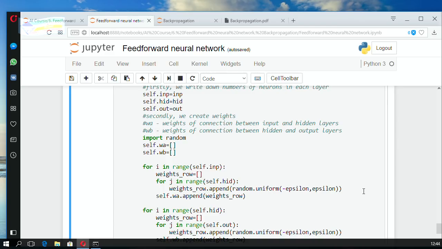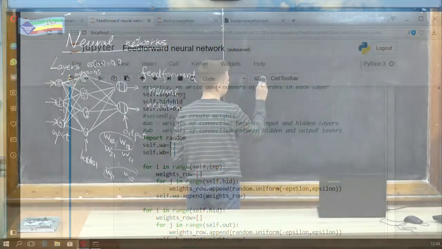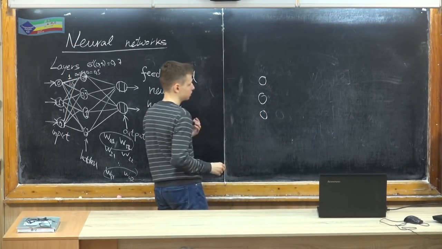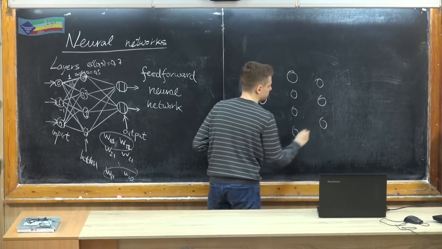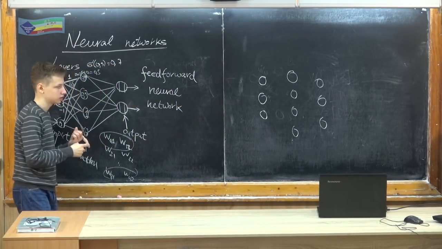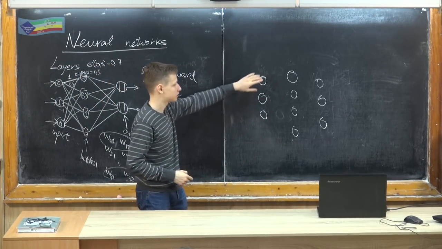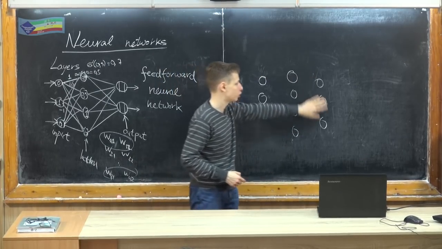And here we finally define this class, which is called NeuralNet. The main task of this class right now is to define the weights of a neural network which has such a structure. It has one input layer, one hidden layer, and one output layer.